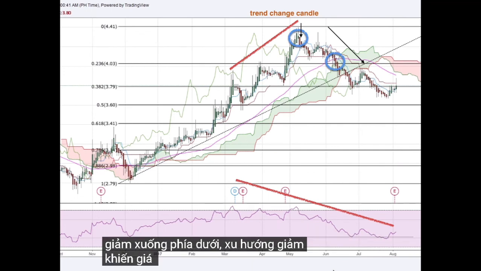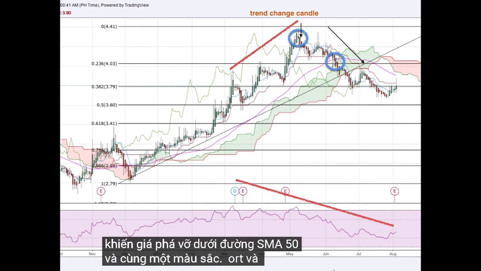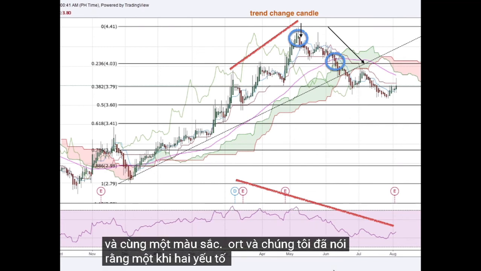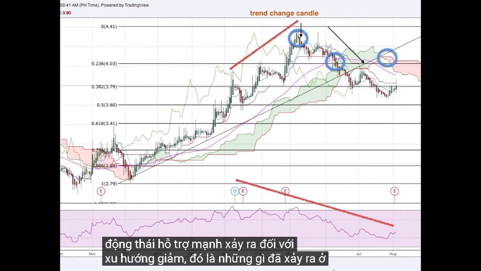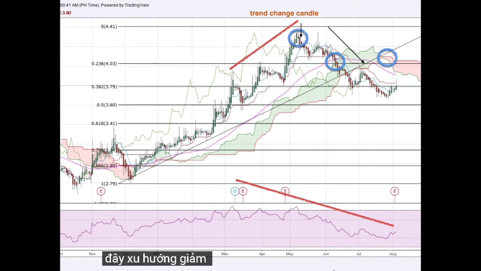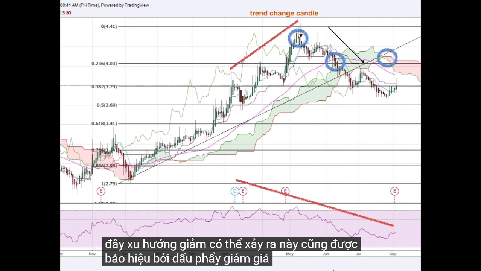The downtrend caused prices to break below the SMA 50 and the Senkou A support. And we said that once these two are broken as support, a strong move happens to the downside, which is what happened here. This possible downtrend was also signaled by the bearish Kumo twist.